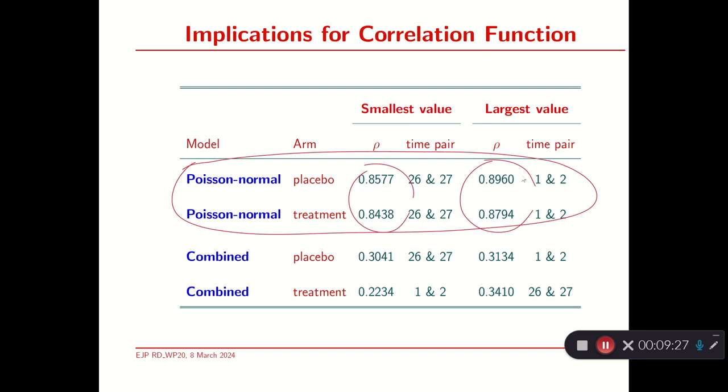But the combined model drastically improves the fit, and it says, wait a minute, the correlation is weaker. It's somewhere between 0.20 and 0.30. Why? Once again, the correlation is weak, but because there is strong over-dispersion, the Poisson normal model has no other chance but to describe both as large, contrary to fact.